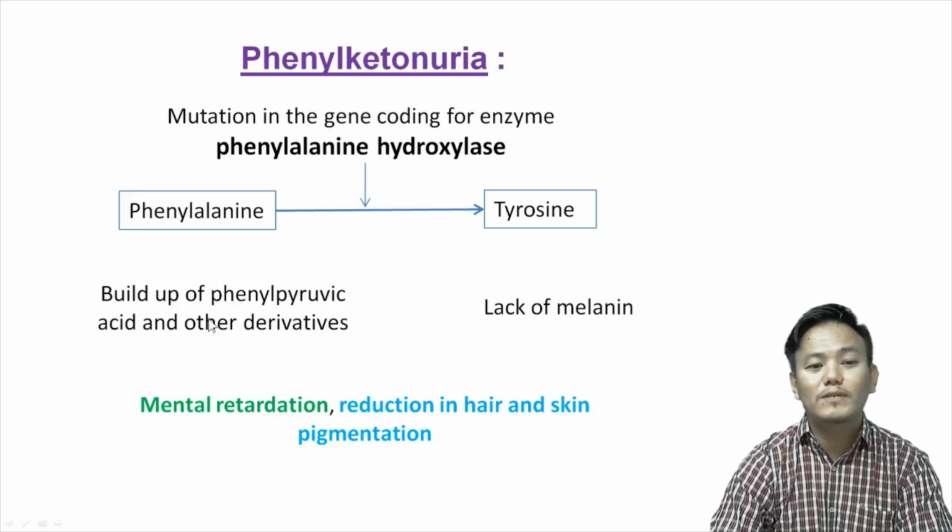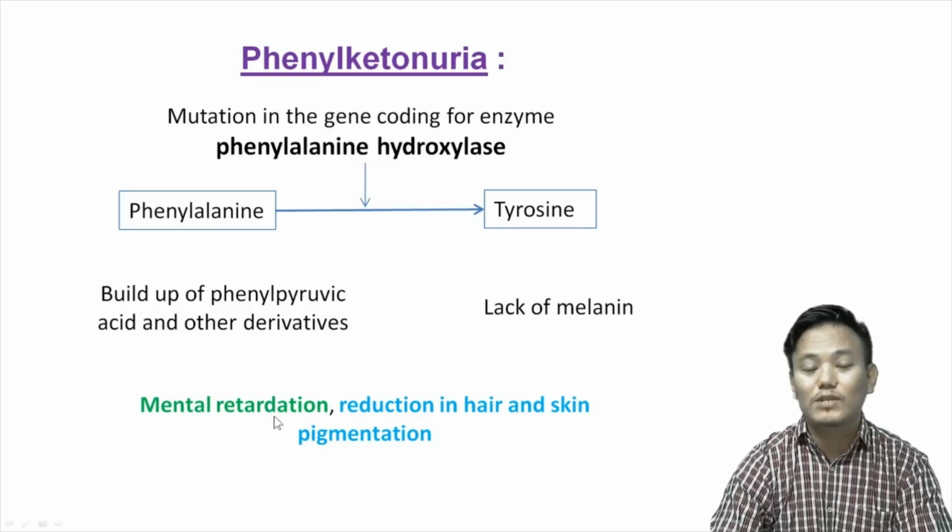If you have this mutation and your body lacks this enzyme, it will build up these chemicals. These chemicals will affect your brain and the person will become mentally retarded. So there will be mental retardation.